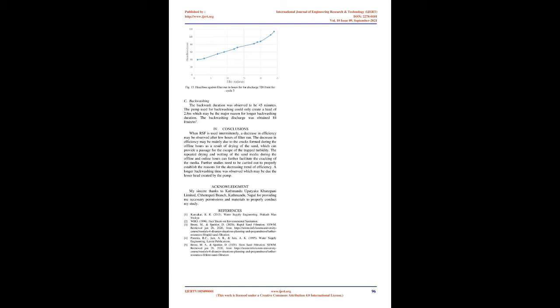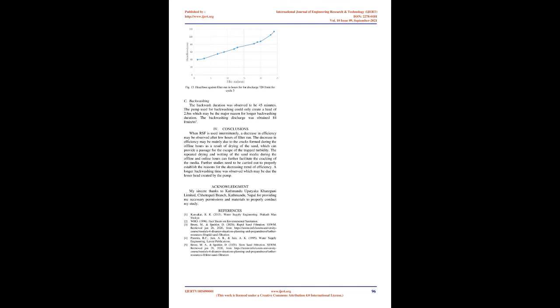Head loss. For the discharge of 630 L/min, the plot of head loss against filter run for the filter during 3 cycles is shown in figures 3.7, 3.8, and 3.9 below. In all the cases, the maximum head loss of 1.14 m was obtained at 26 hours of filter run.